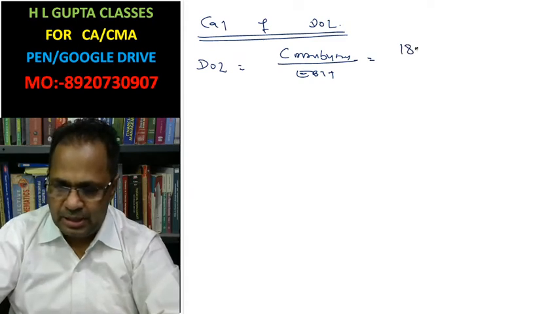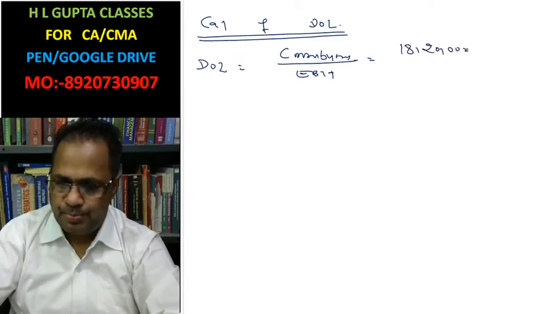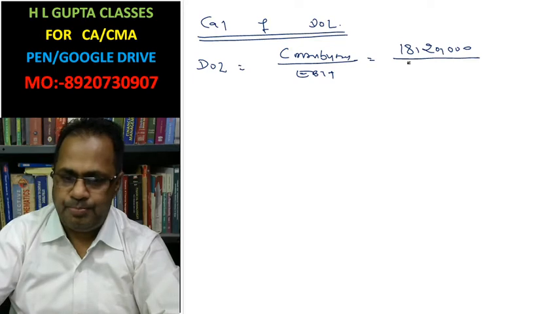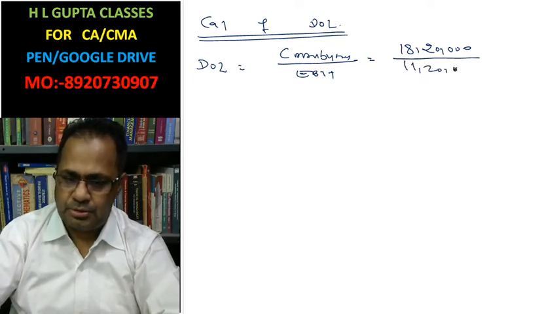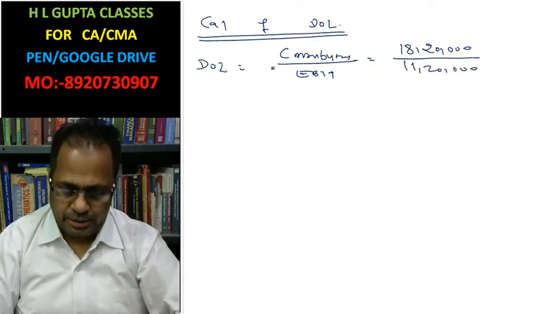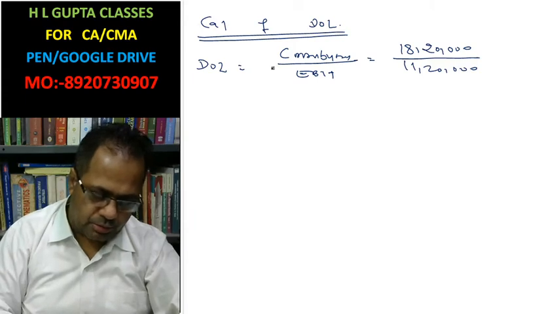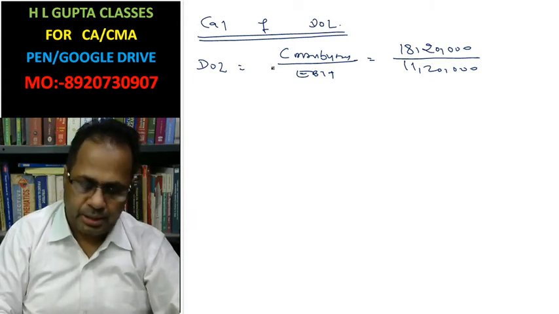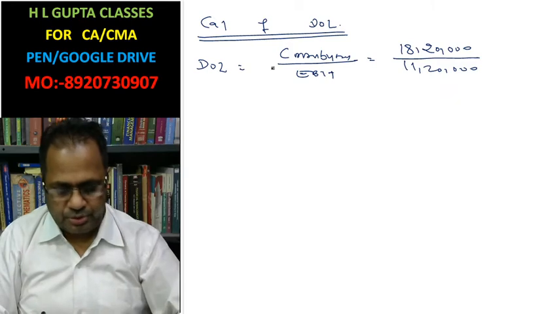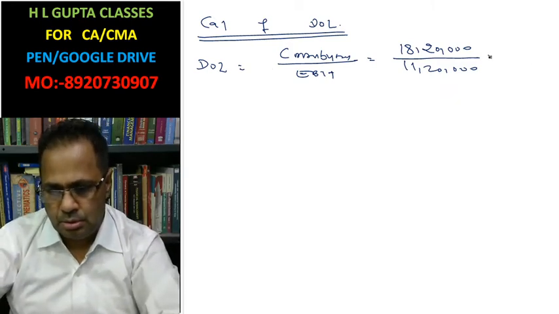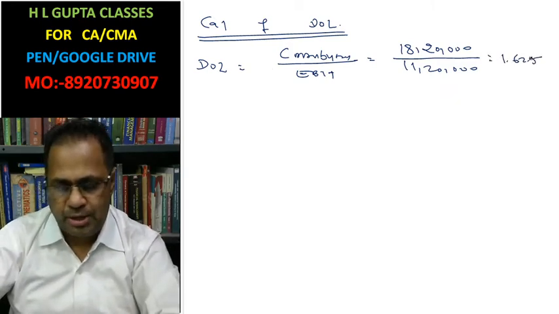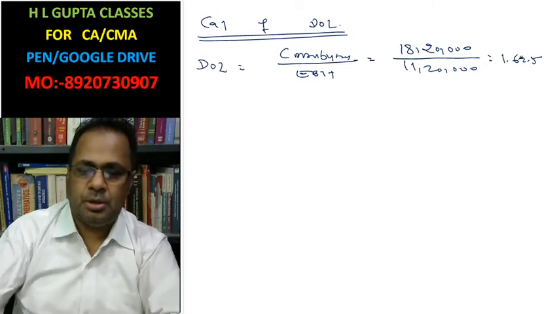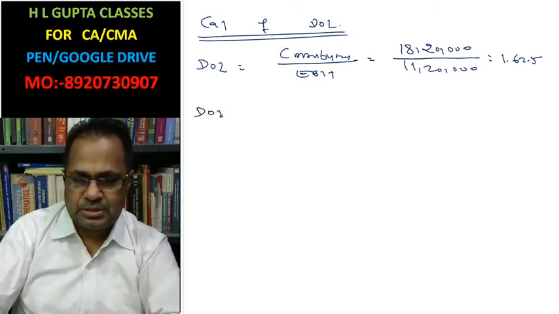So 18 lakh 20,000 divided by 11 lakh 20,000 is 1.625.